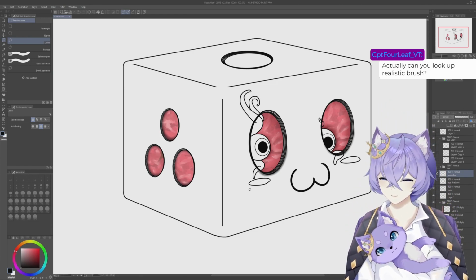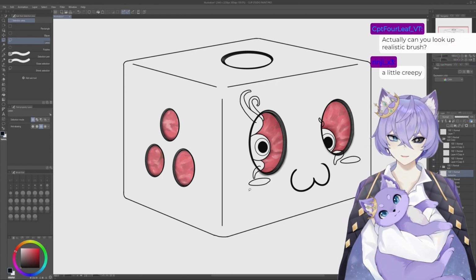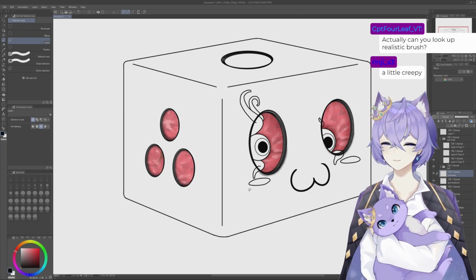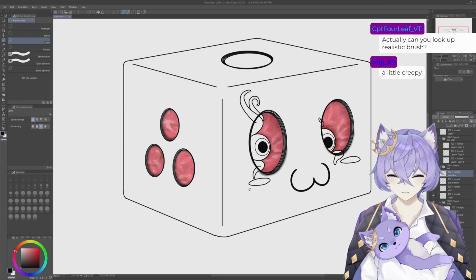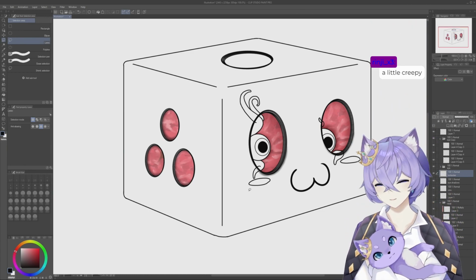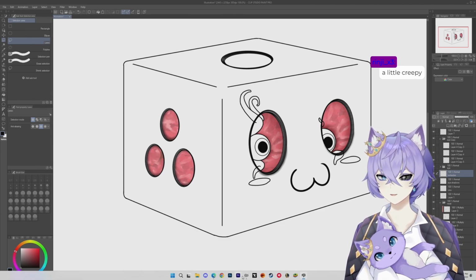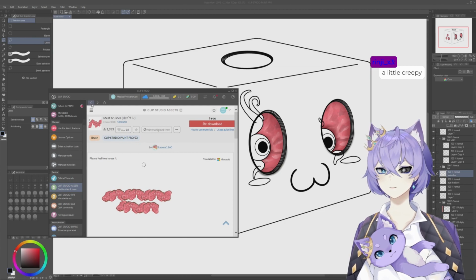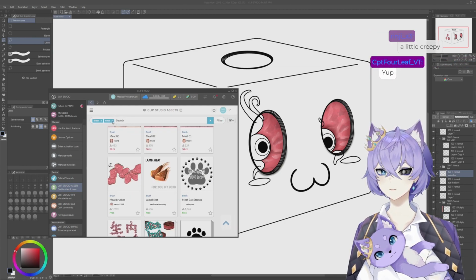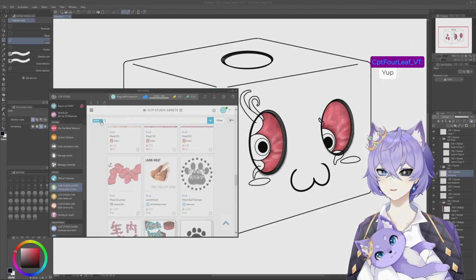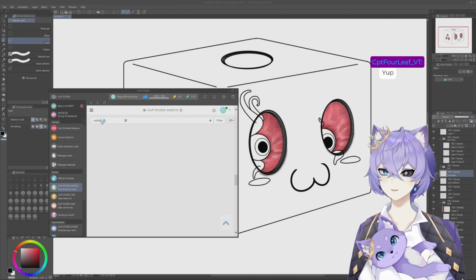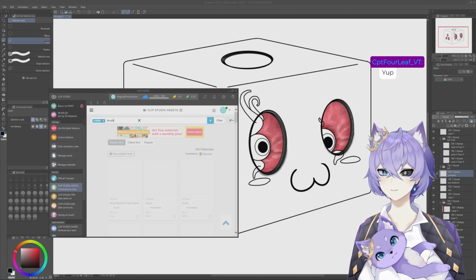Can you look up realistic brush? Wait, what? You just want to see what realistic brush looks like? Sure. Go back. Delete that. Realistic brush.